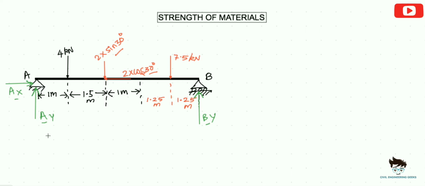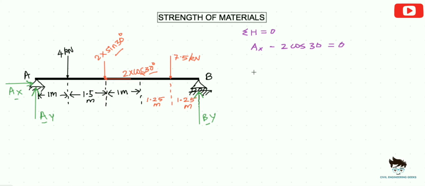With the assumed reactions, we will now start using our equilibrium equations to find our actual reactions. First, using summation of H equals to 0, which is summation of all the horizontal forces equals to 0, we will get AX minus 2 times cos theta, where theta is 30 degree here, equals to 0.